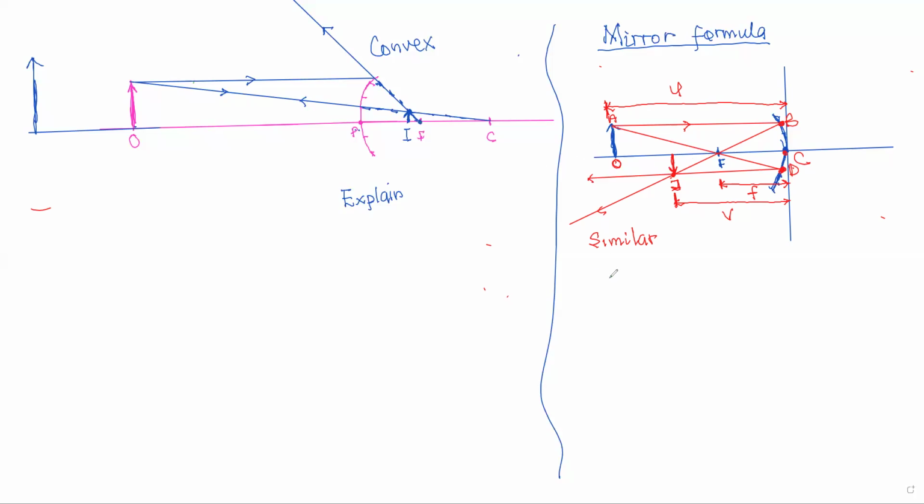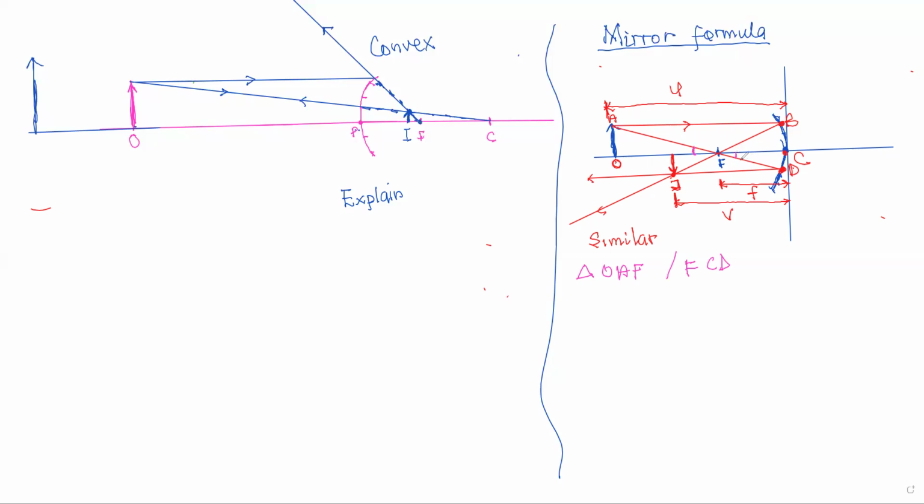When you look at triangle OAF, its similar counterpart is triangle FCD. Why are they similar? They are similar because this angle of OAF is equal to this angle of FCD.